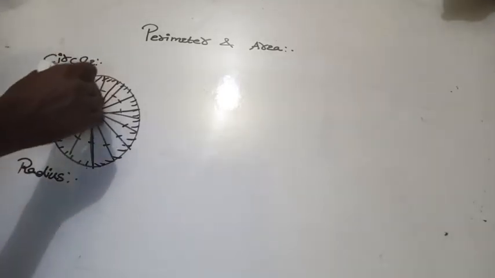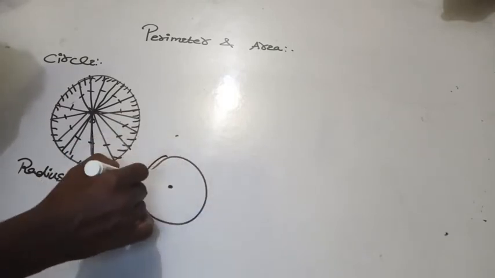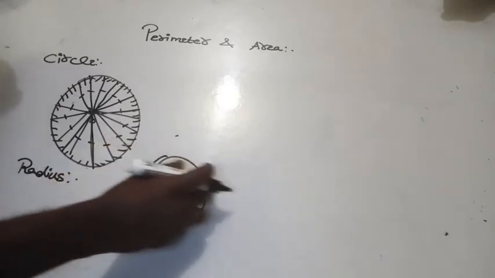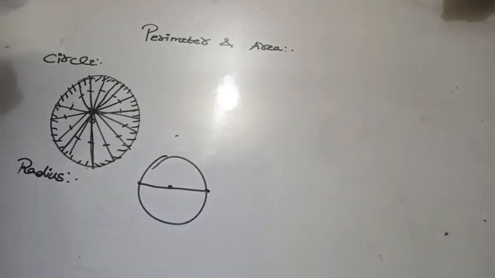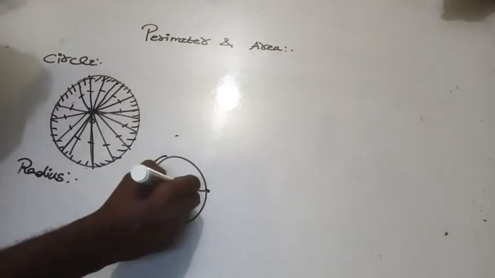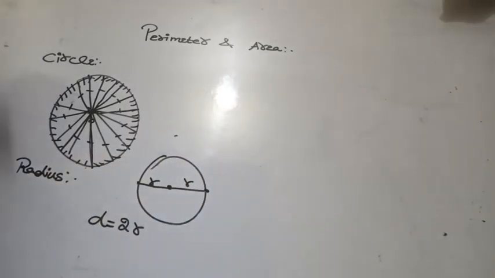This is the circle, this is the center. Diameter is nothing but 2 times the radius. From here to here it is r, from here to here it is r. The diameter will be 2 times the radius.